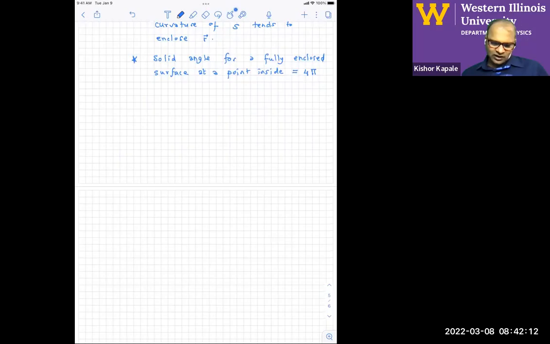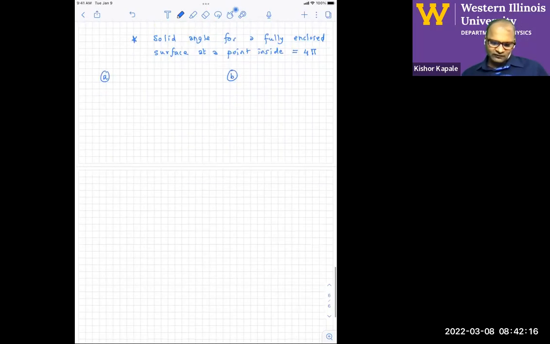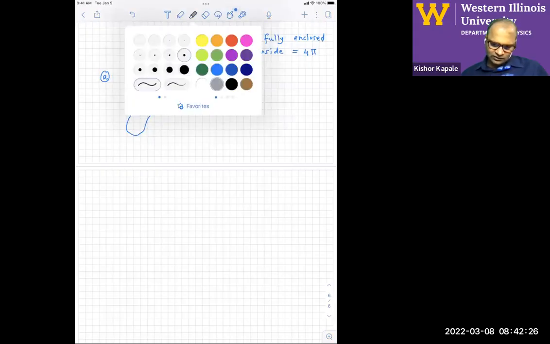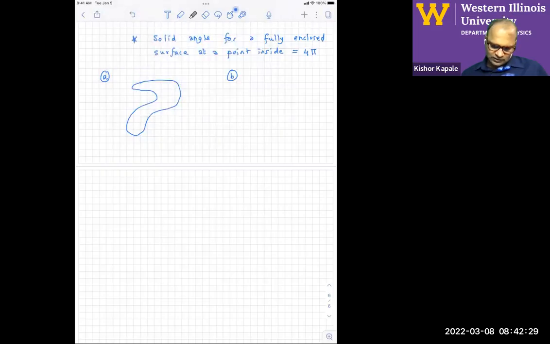So now let's draw a couple of situations, situation A and situation B, and then you're going to tell me what the solid angle is going to be. We have this kind of surface, and I'm going to shade it so you know what the surface looks like. Of course, I'm drawing it on a flat plane. This may not completely lie in that plane; it may have areas that are coming out of the plane.